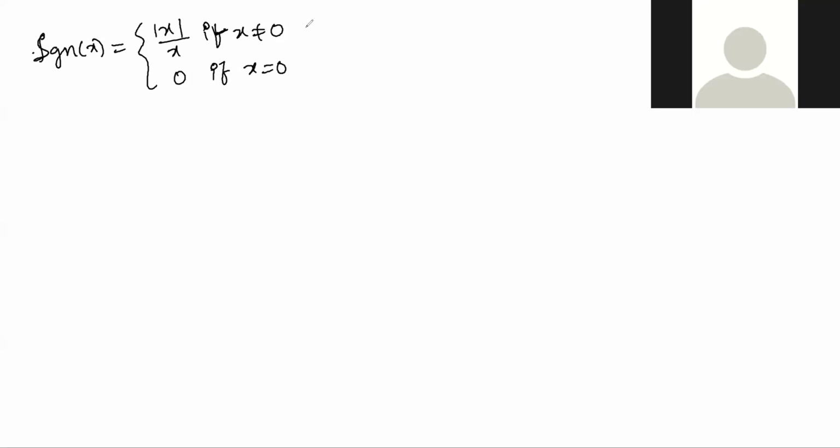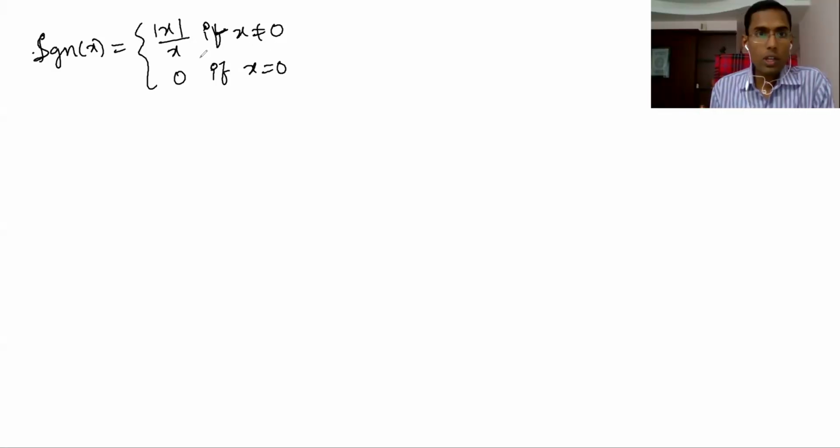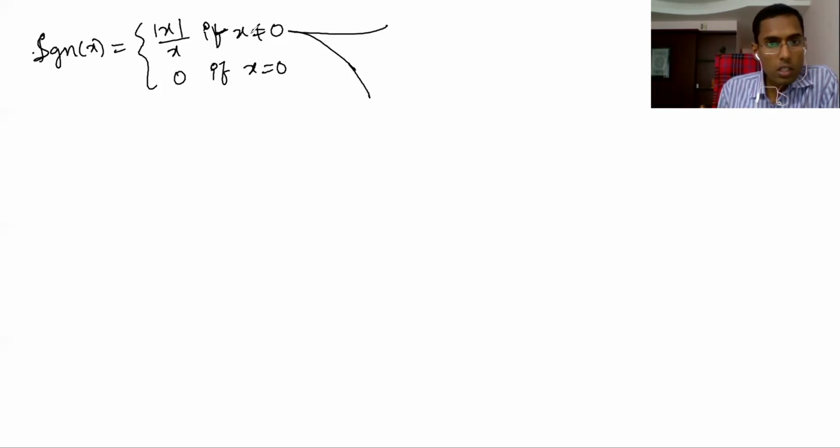So what does it mean? When x is not equal to 0, that means x is either greater than 0 or less than 0, either positive or negative. x equal to 0 is covered here.